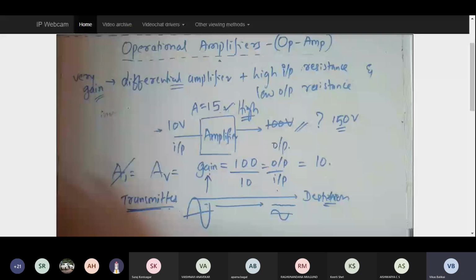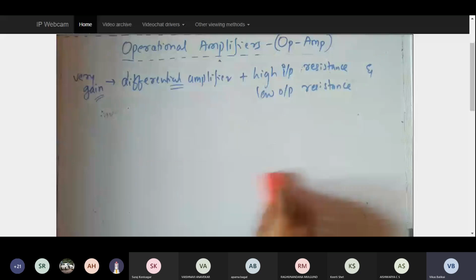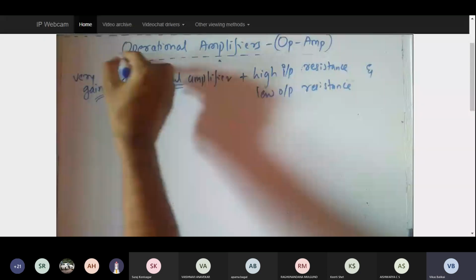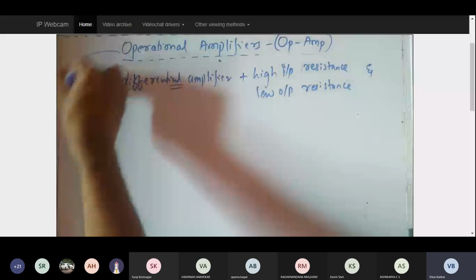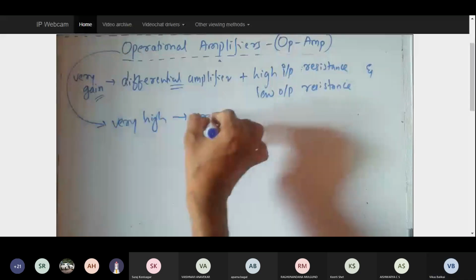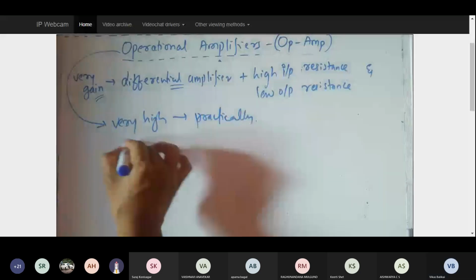Now the operational amplifier is also a type of amplifier. So when I say an amplifier should have very high gain, I specifically say operational amplifiers should have even very very high gain, practically speaking. Ideally speaking, the gain should be infinite.